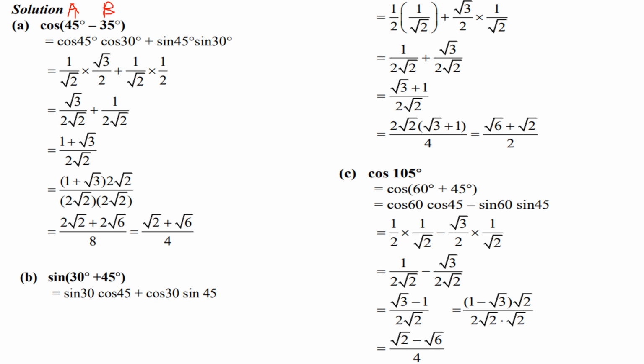Now if you pull out your logbook, or if you remember this expansion in your head, we told you that for compound angles of cos, the sign changes after expansion, and it's the same as cos A cos B plus sin A sin B. But in this case, our A is 45 degrees and our B is 30 degrees. So you substitute them appropriately. Now you go back to the triangle that I showed you.